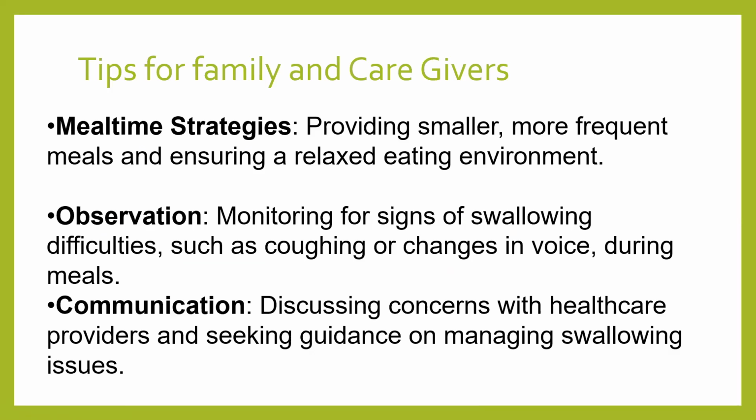And I'll give you a small tip for the family members, apart from whatever I just said, for the caregivers. If people are taking a long time to finish the meal, instead of having 3 meals, give them 5 meals with a smaller amount each time. So it's not like breakfast taking this many hours.